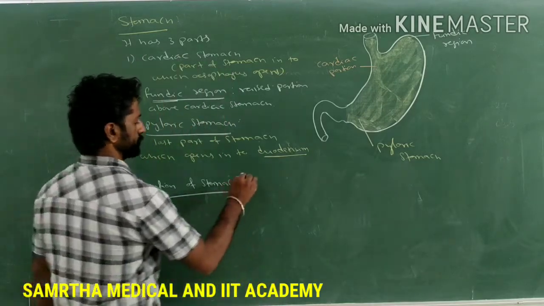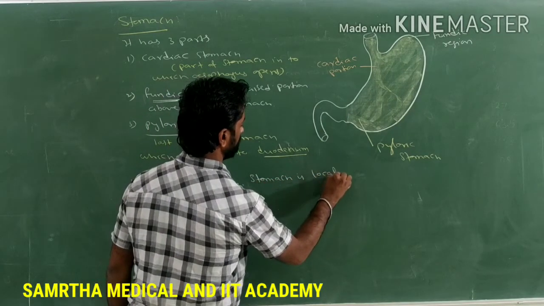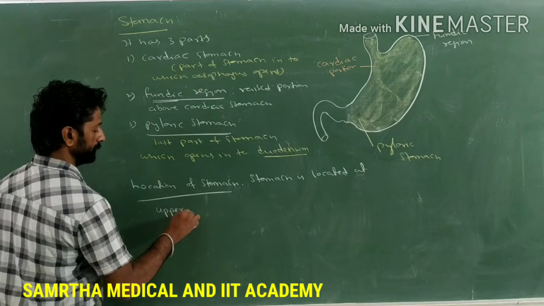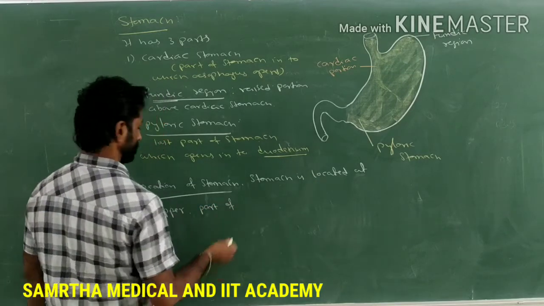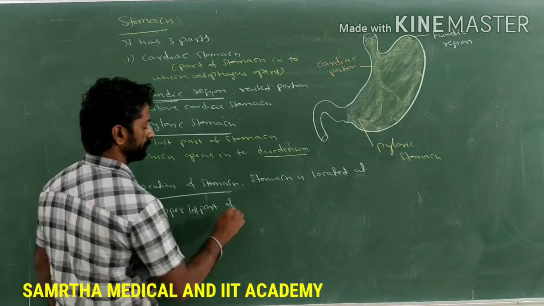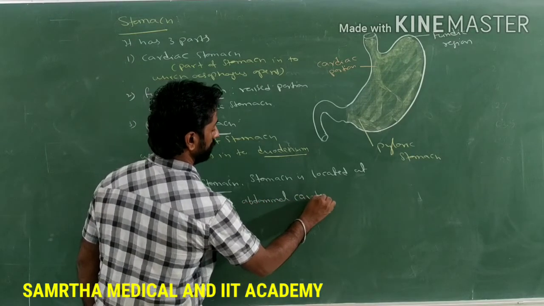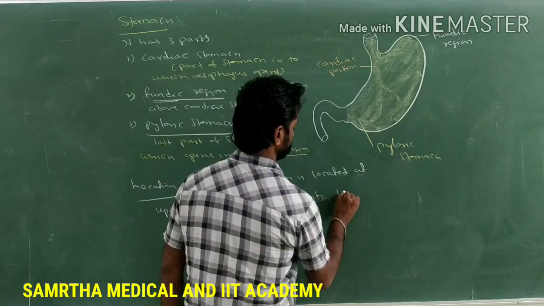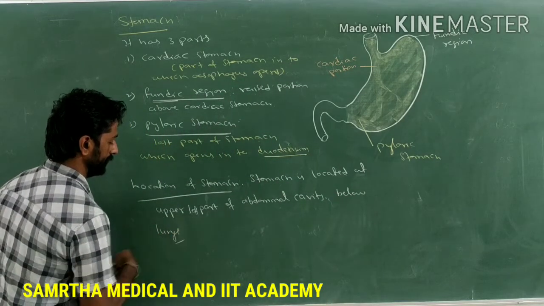So the stomach is located at the upper left part of the abdominal cavity, below the lungs, which are in the thoracic cavity.